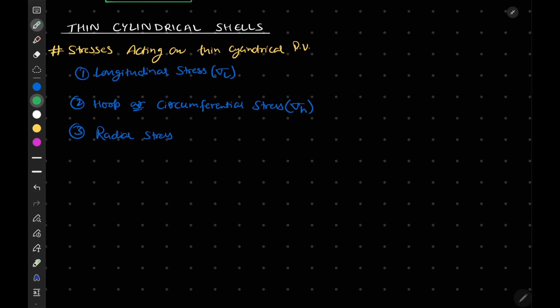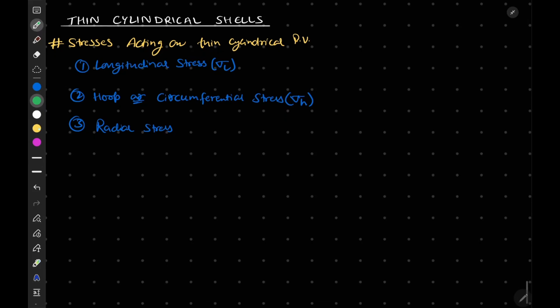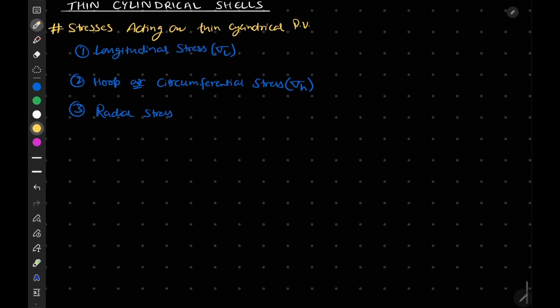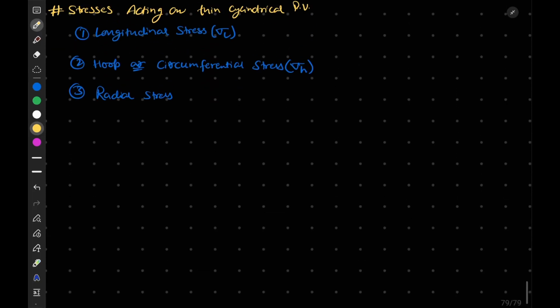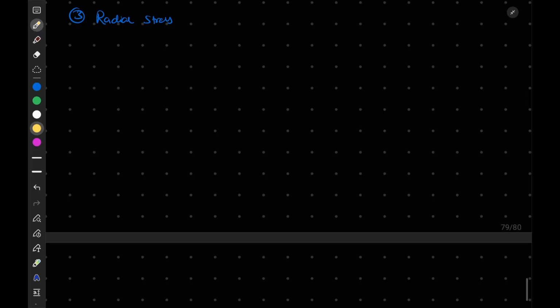Okay, now consider a pressure vessel, let's consider a cylindrical vessel. Let me draw it here.